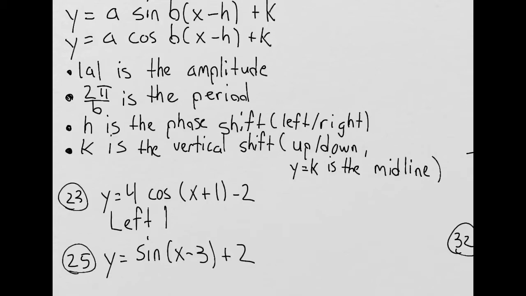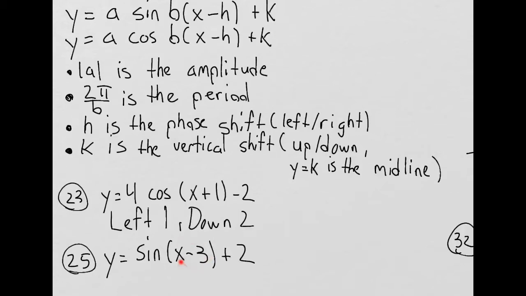And looking at the other part of it, you have a minus 2 right here. And for that minus 2, that's the vertical shift, right? So that's going to be down 2. Okay. 25, same deal as before. Here, A is 1, B is 1, so amplitude is 1, period is 2 pi.